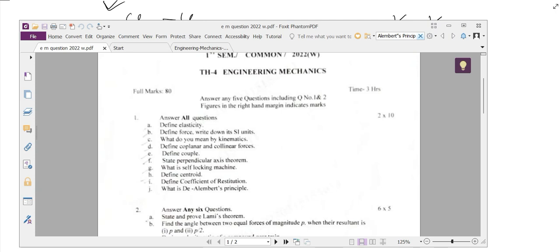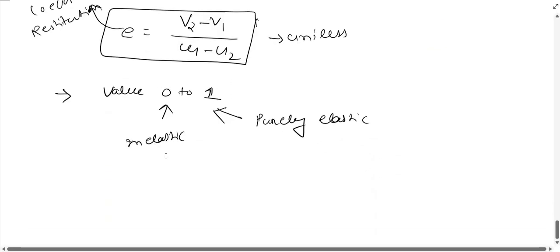Next question: what is D'Alembert principle?